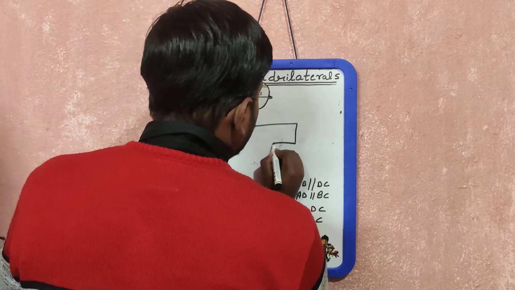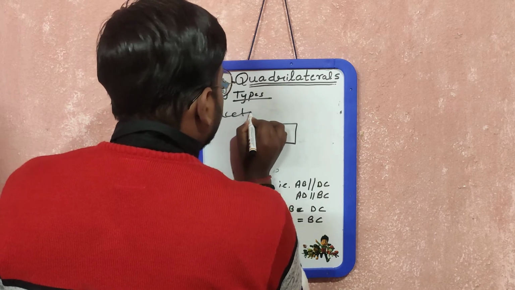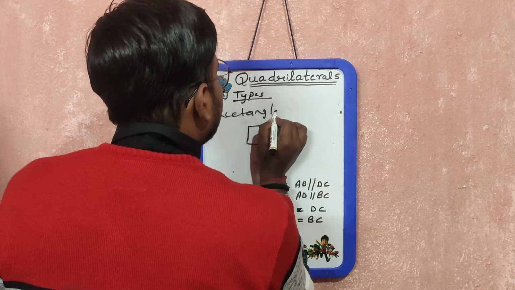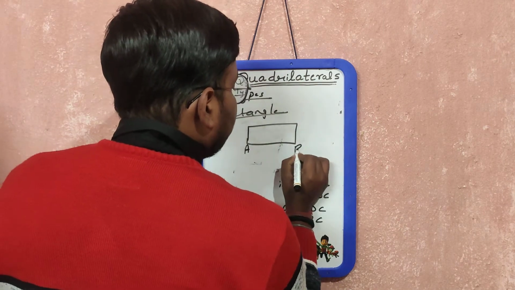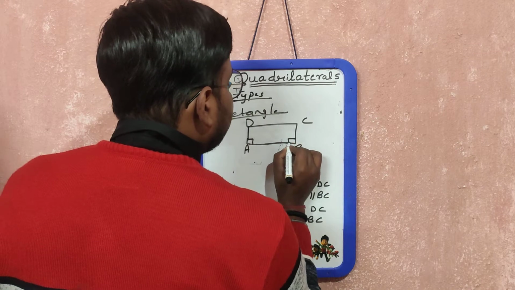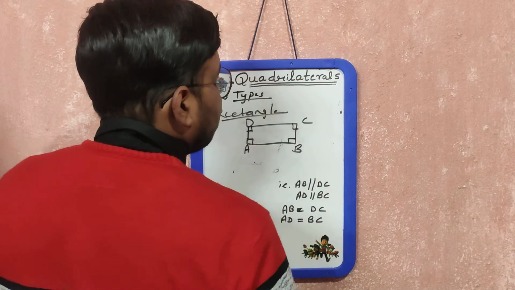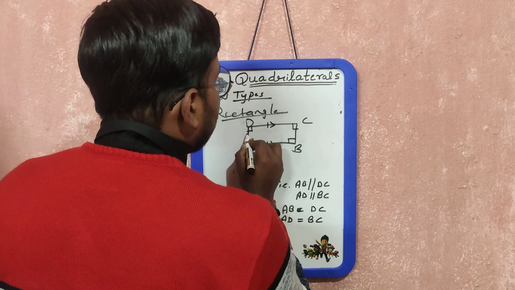If we talk about rectangle ABCD, each angle is 90 degrees. Opposite sides are equal and parallel to each other.